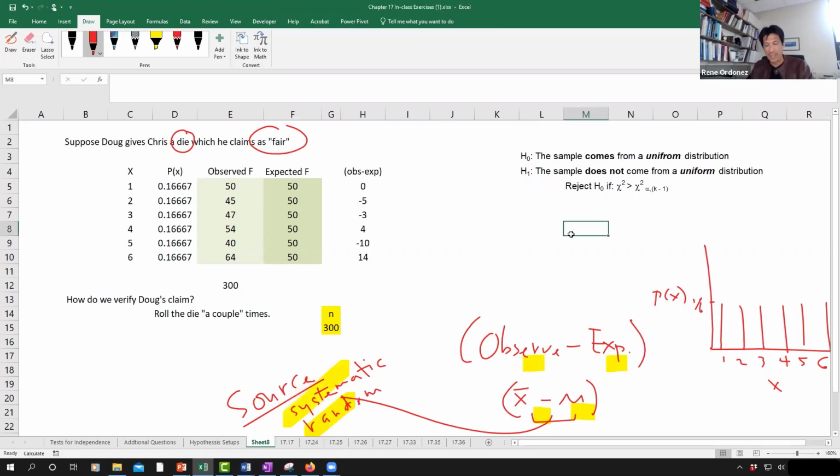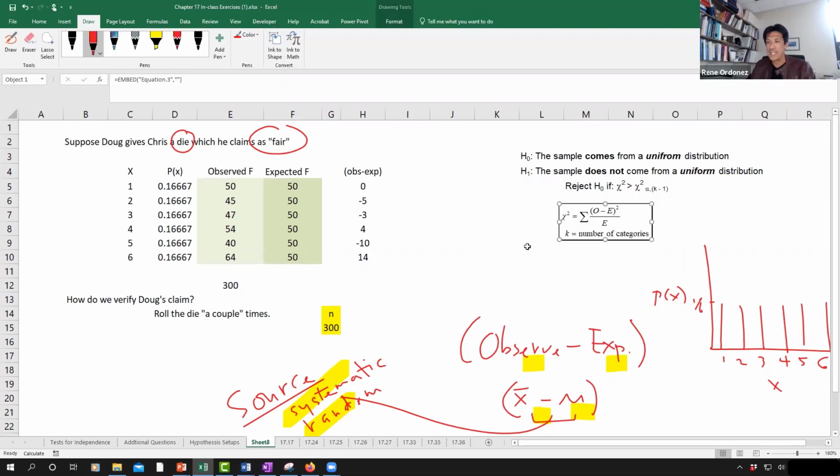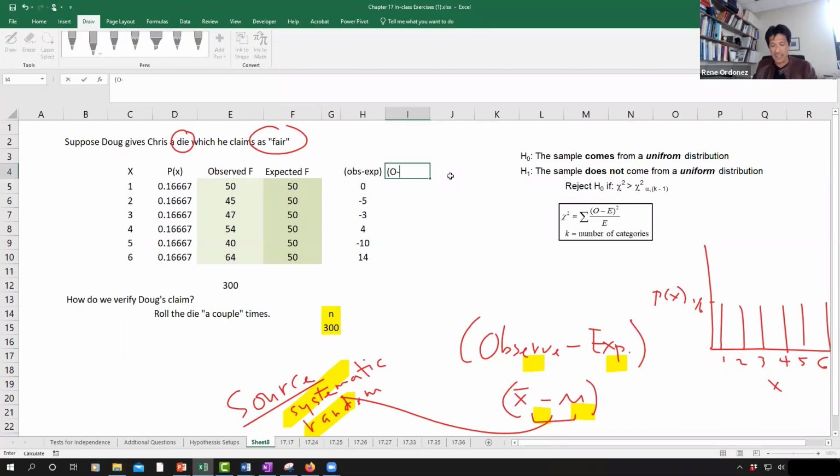Okay, so here's the formula. It says we will compute the difference between the observed and the expected, and then square that difference. Okay, so here I'm going to just write O minus E squared. This is just a label. So where's my O? O minus E. We already computed that to be this, right? And square.